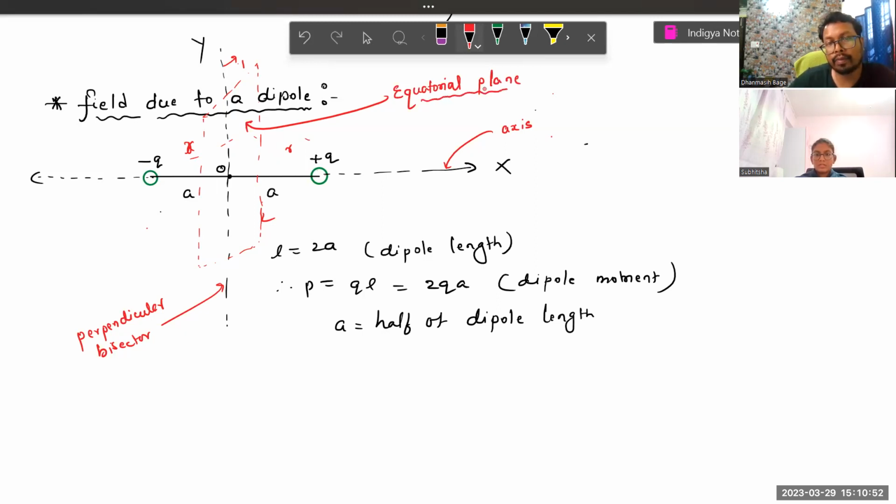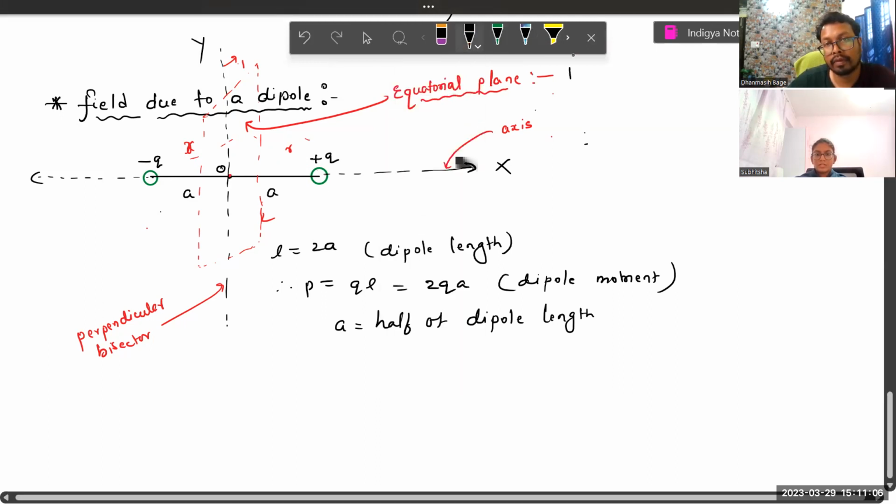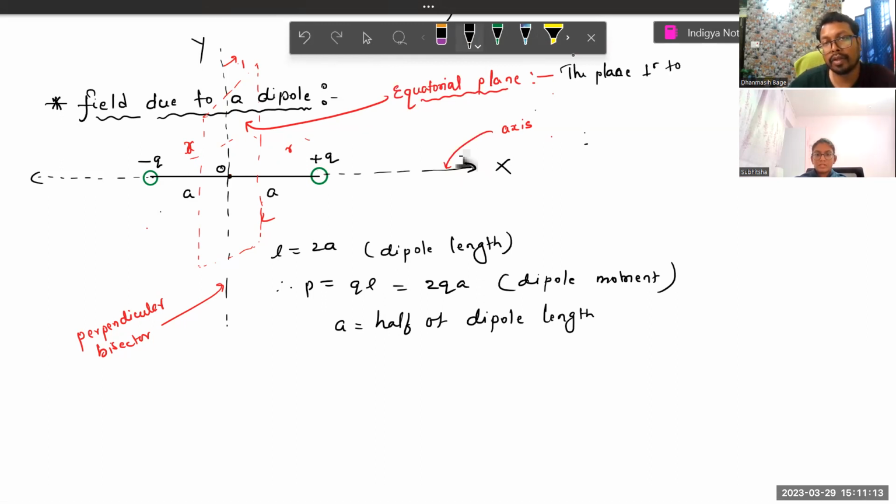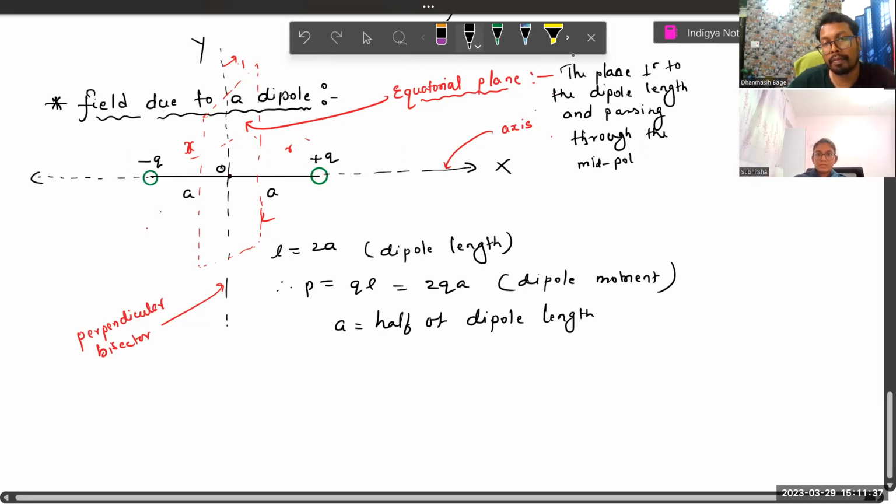So the equatorial plane is the plane perpendicular to the dipole length and passing through the origin, the midpoint of the dipole.